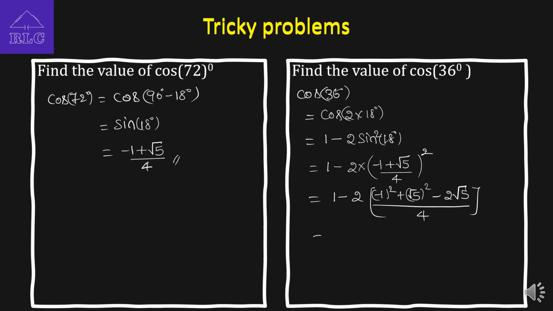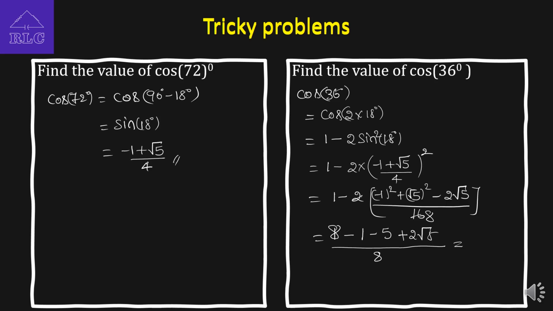Okay, so which is nothing but, sorry, here 16 will come. Now 1 minus 2 ones, 2 8s get cancelled. So minus 1 minus 5 plus 2 root 5 divided by, if you take LCM here, you'll get 8 minus 1 minus 5 plus 2 root 5 divided by 8.